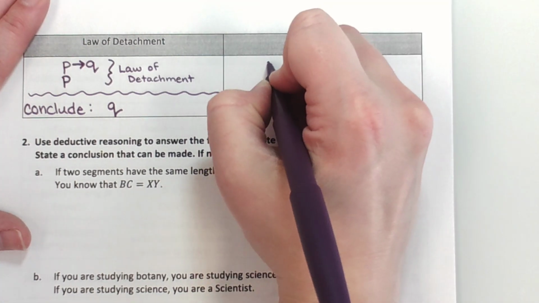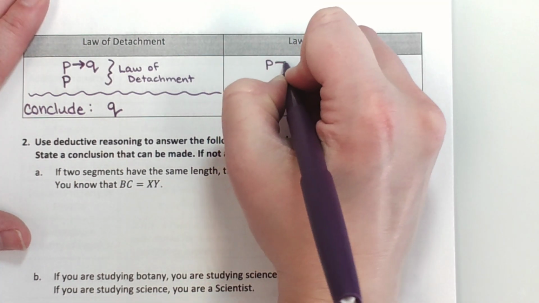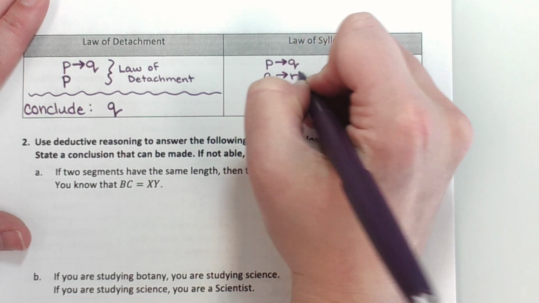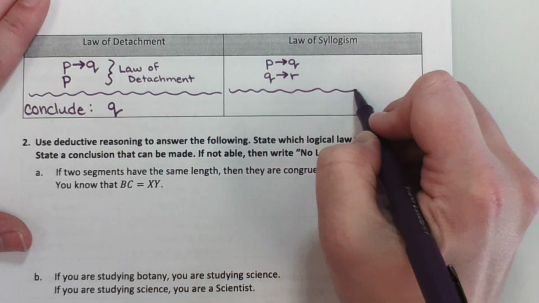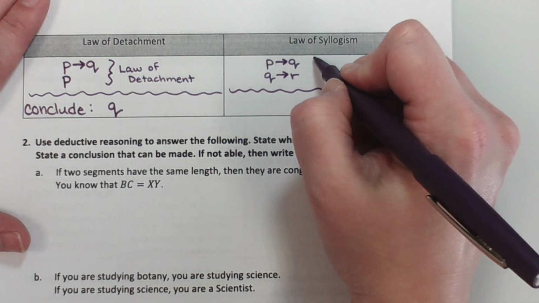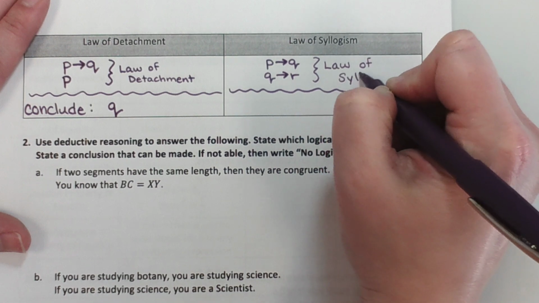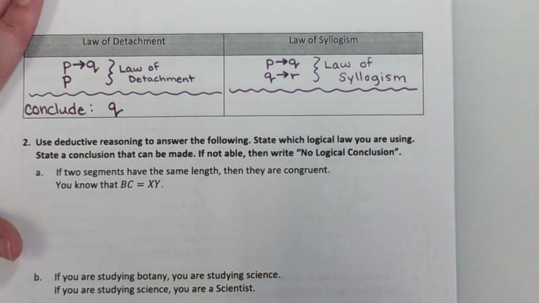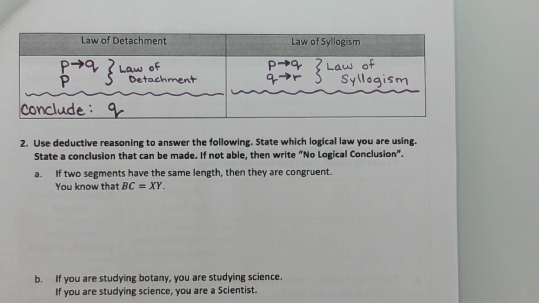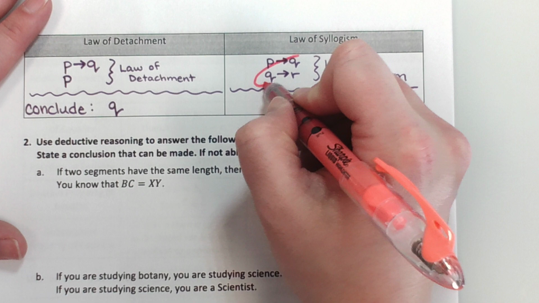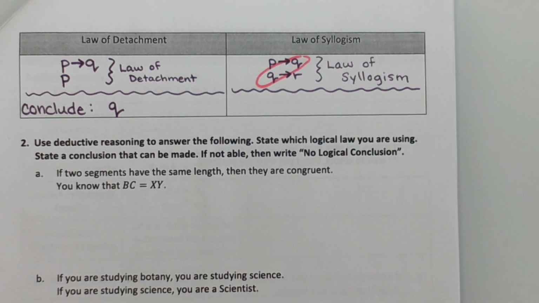Law of syllogism is a little more complex. It has two if-then statements. In its two if-then statements, because it goes if P then Q, if Q then R, the key thing is this right here, and the fact that those match.